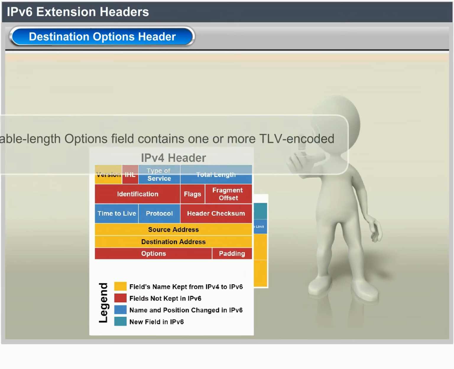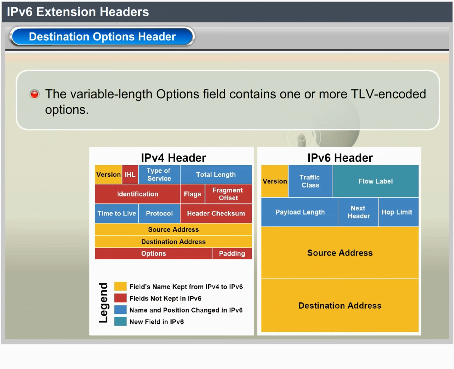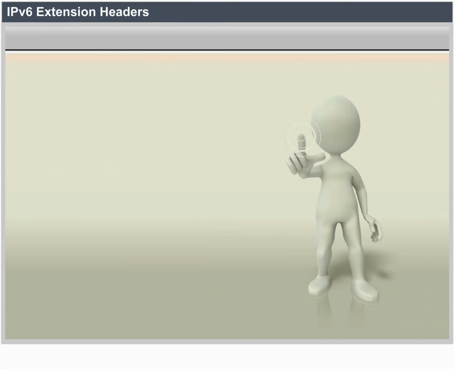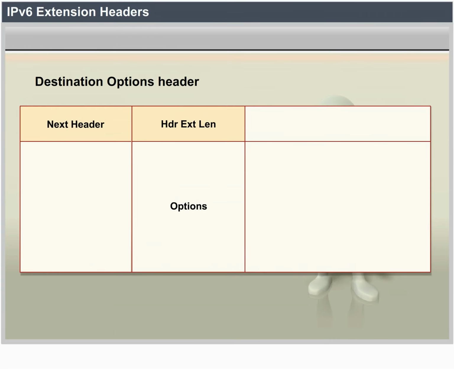The variable length options field contains one or more TLV encoded options. The only options specified by RFC 1883 that can be part of destination options header are the pad1 and the pad-n. Figure: destination options header.